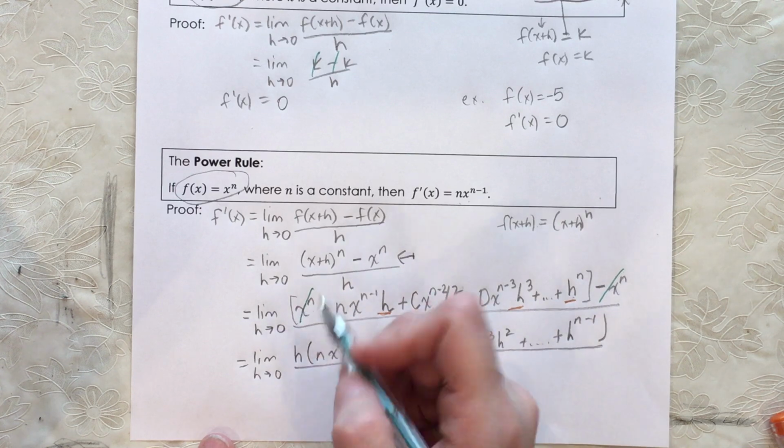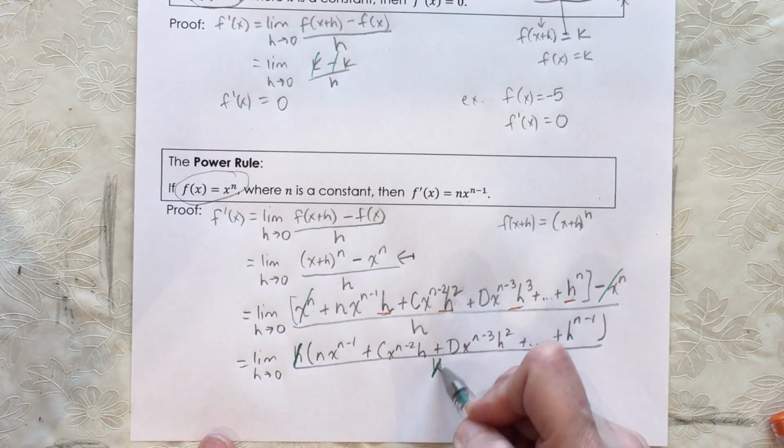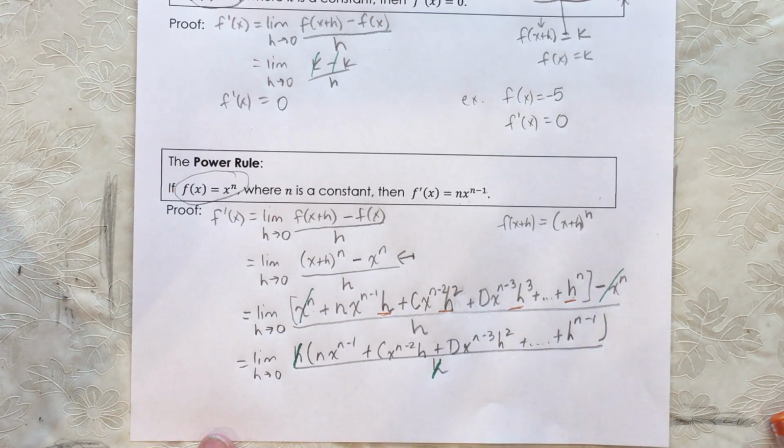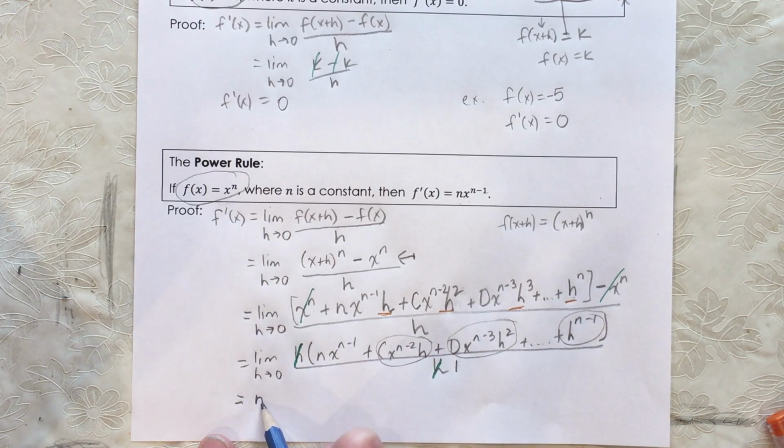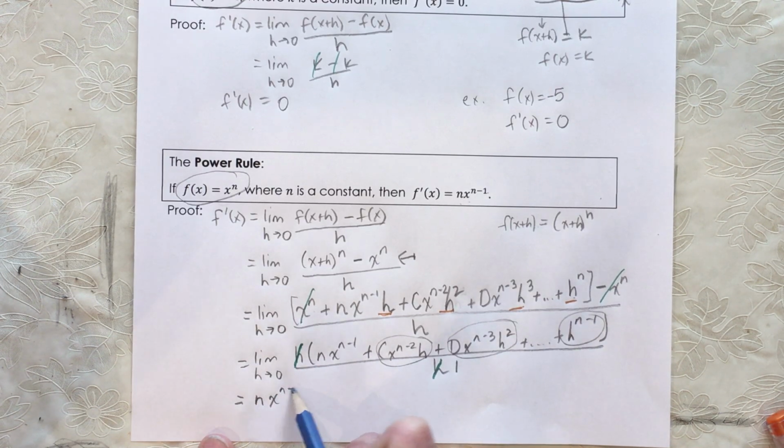And now we can divide out these h's. So now the denominator becomes a 1, and it's safe to let h approach 0. If we let h approach 0, this term's going to approach 0, this term's going to approach 0, all the ones in the middle that have an h are going to approach 0, that one's going to approach 0, and the only term left is going to be the nx to the n minus 1.